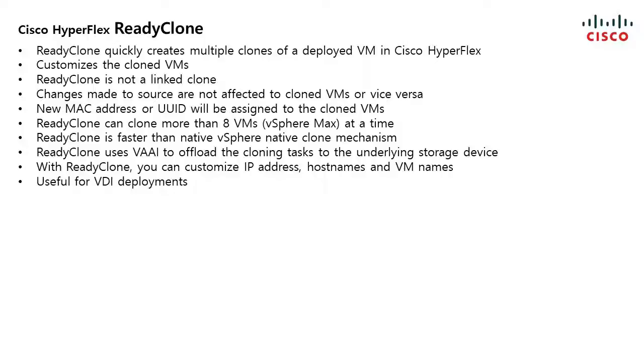So using ReadyClones, you can customize the clone VMs and quickly configure parameters such as IP address, host name, and VM names for multiple guest VMs cloned from a source VM. Now we know that the ReadyClone technology is really useful for VDI deployments. So let's see how we can use the ReadyClone feature in HyperFlex.